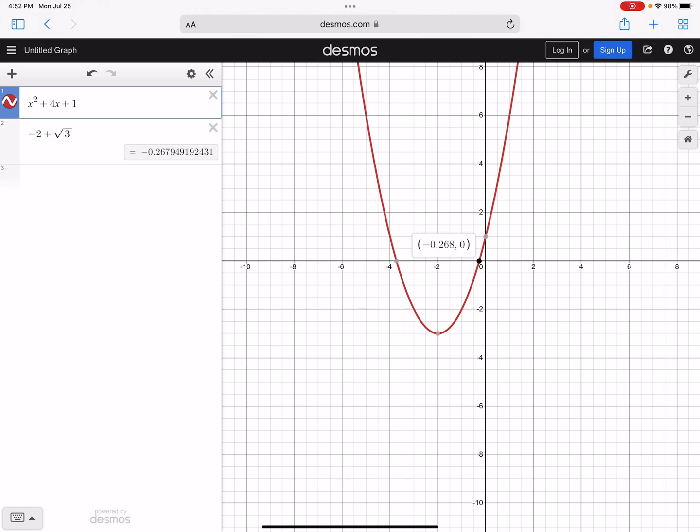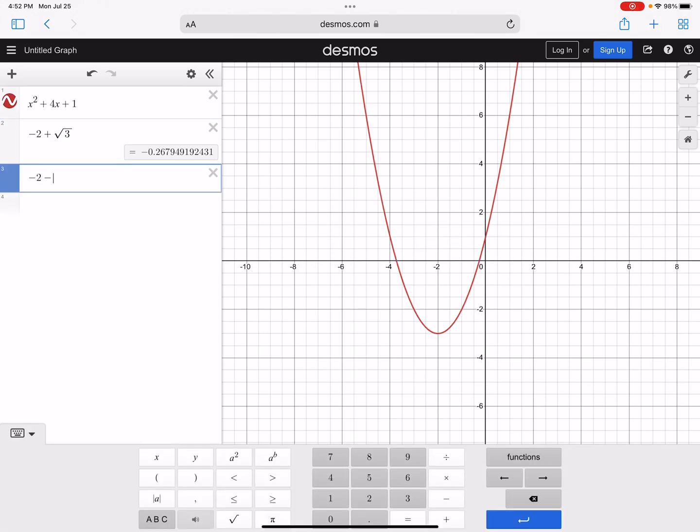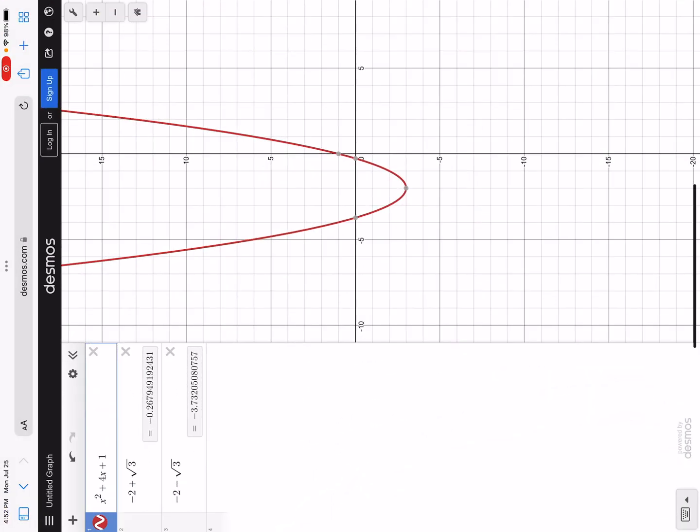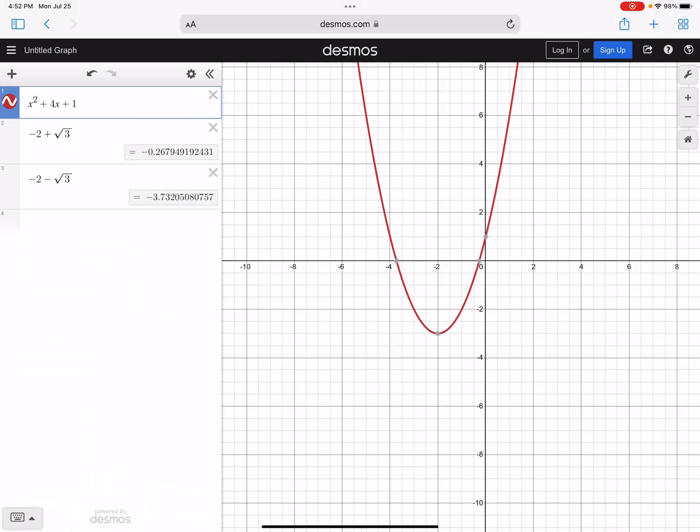Those are the same number. And if I do negative 2 minus the square root of 3, then I get negative 3.732. And if I click on that one, negative 3.732. So why they came up with this formula is it is a way of getting you to find answers when they're crazy decimals.